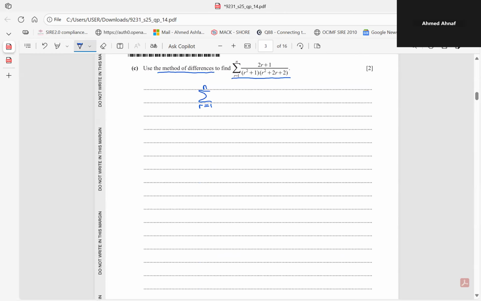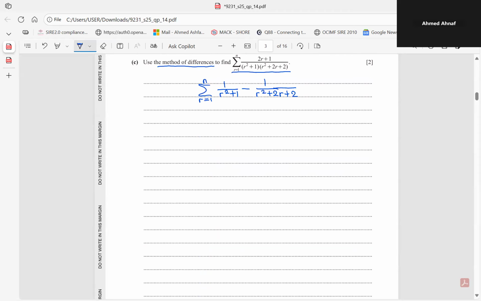So this is 1 over r squared plus 1 minus 1 over r squared plus 2r plus 2. Okay, and to make this easier, we're going to complete the square for the second term, 1 over r squared plus 2r plus 2.